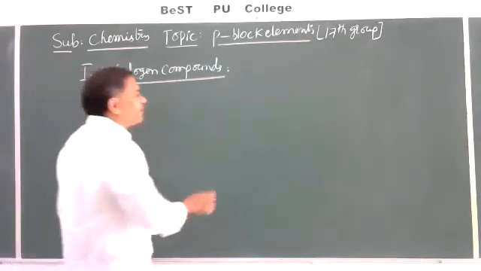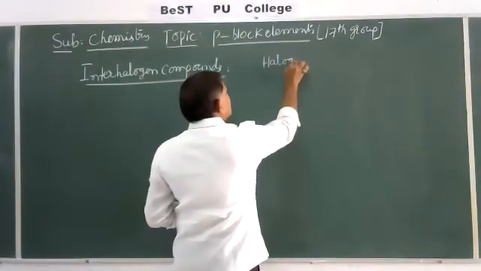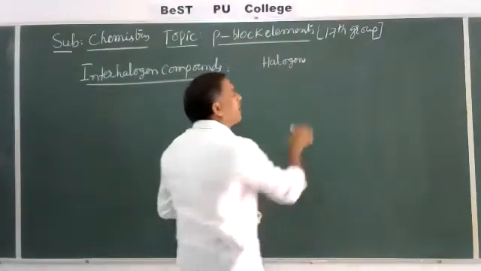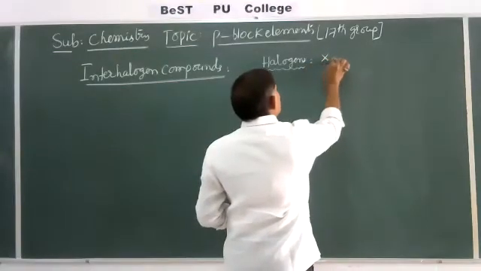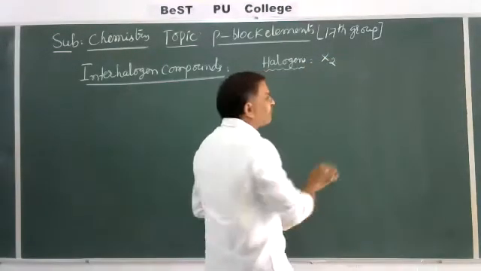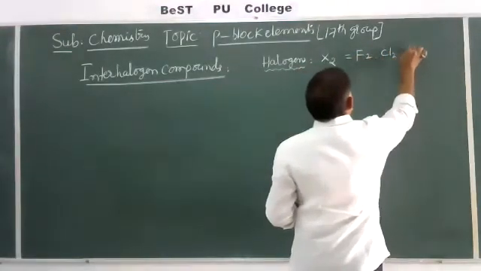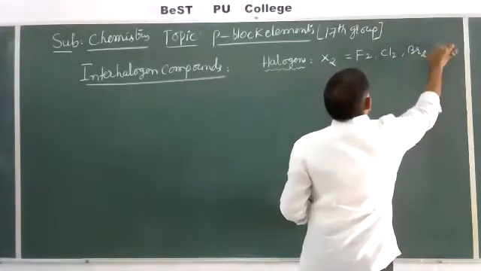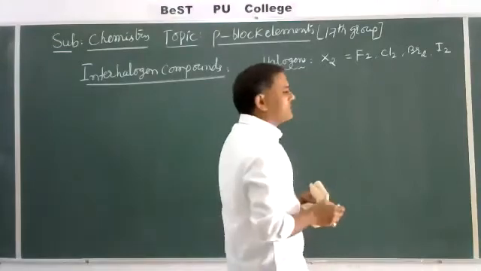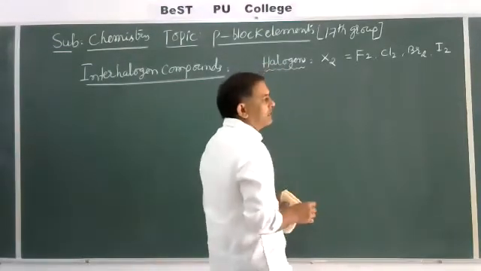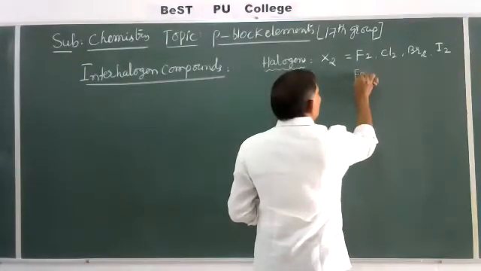We know halogen molecules. Halogens generally exist in a molecular state, that is X2. Fluorine, chlorine, bromine, iodine, and astatine, which is a radioactive element, are in a molecular state. Between fluorine and fluorine there is one covalent bond.